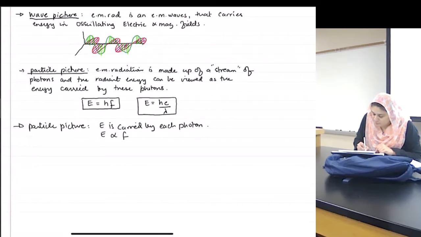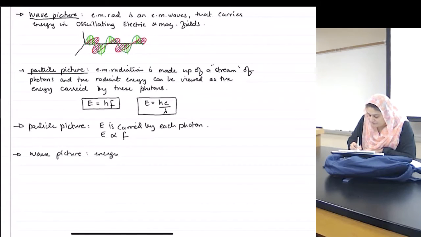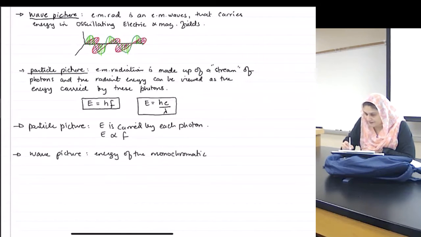So in the wave picture, the energy of a monochromatic wave, do you know what monochromatic is? One color? Good. The energy of a monochromatic wave is proportional to its intensity.